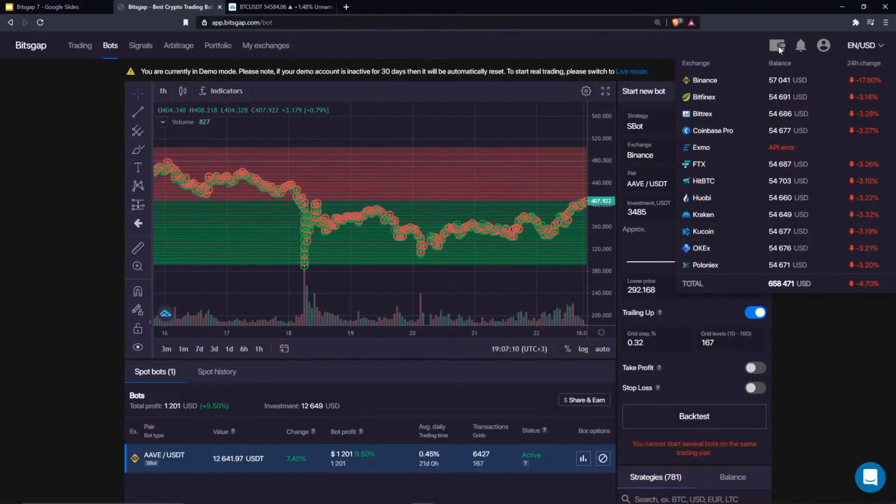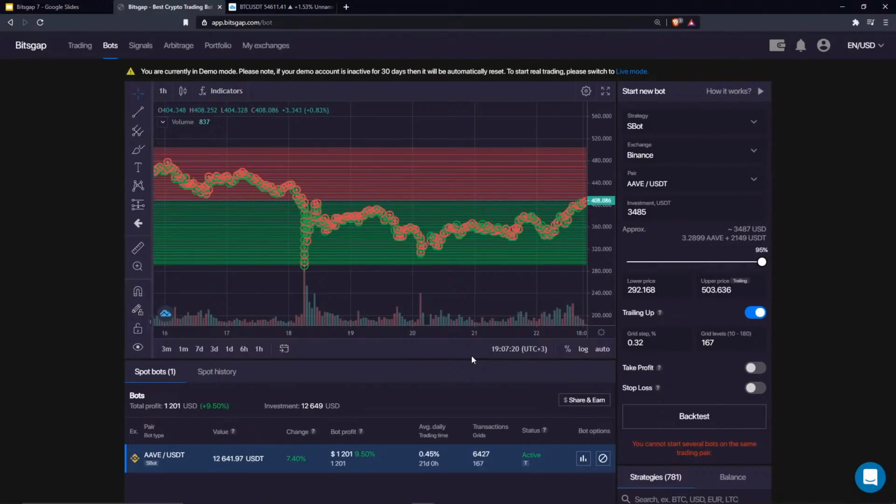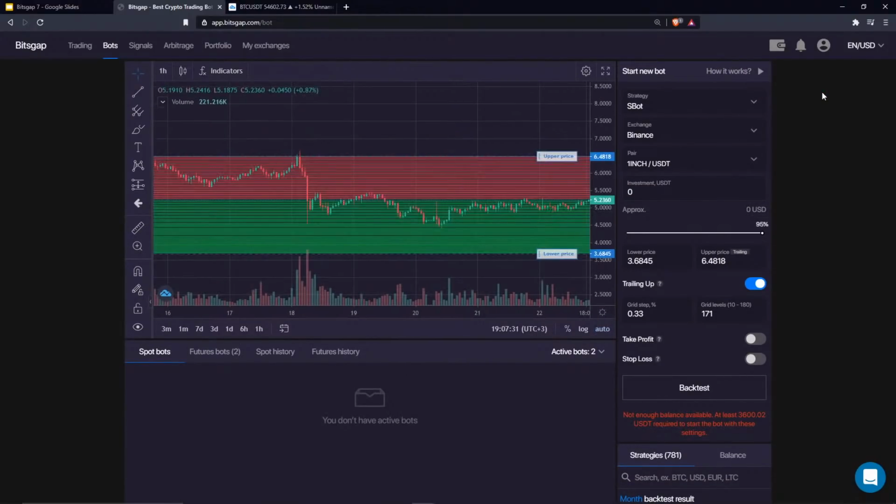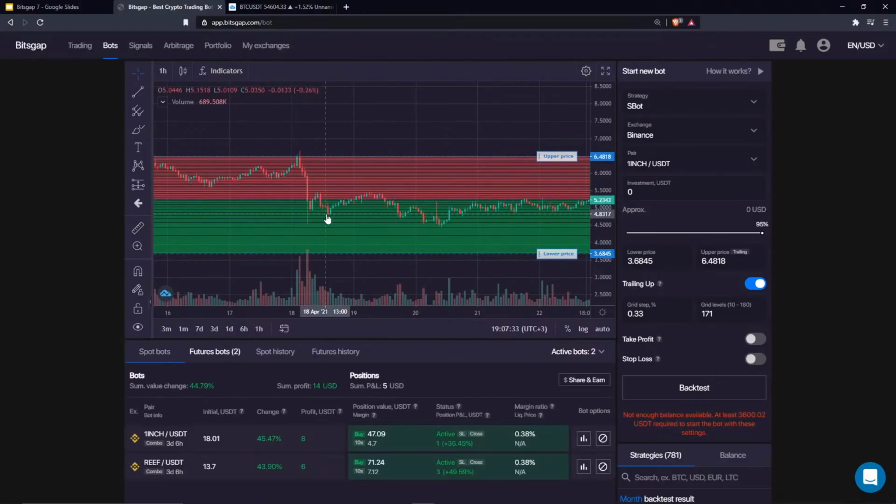So using the demo mode at Bitsgap, you can experiment and develop your own optimal strategies before risking your real money, which is not yet the case for futures bot trading. You see, there is even no section for futures trading, it just takes time for us to develop this mode. So I'm going to trade with my real money here.